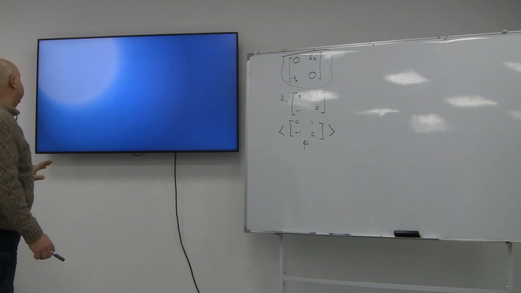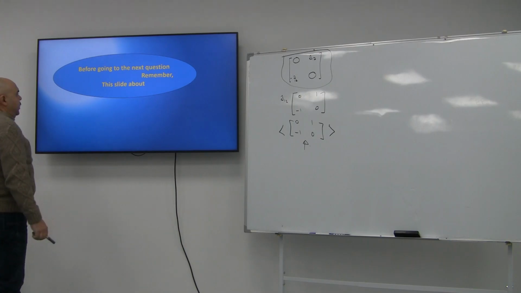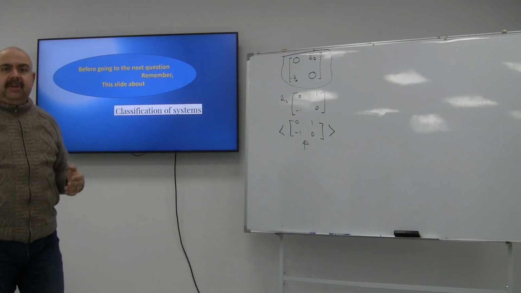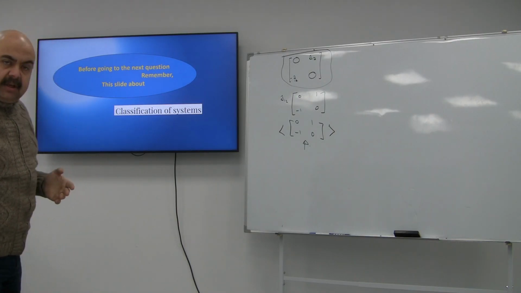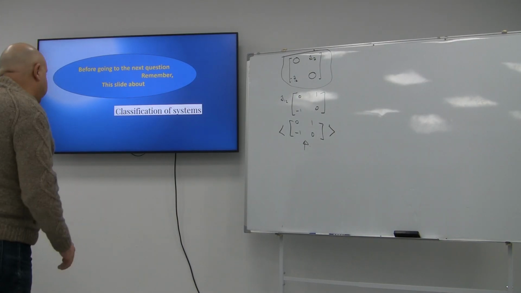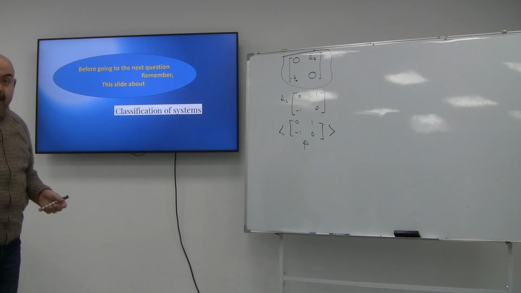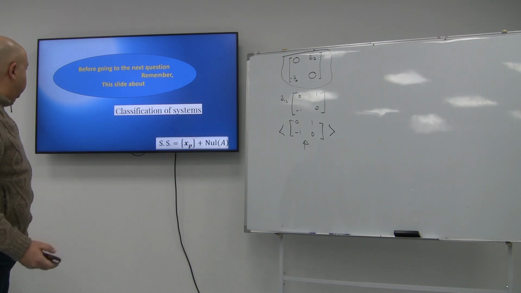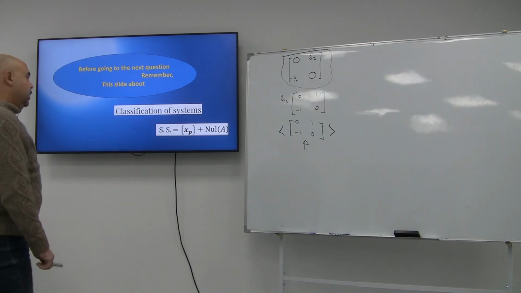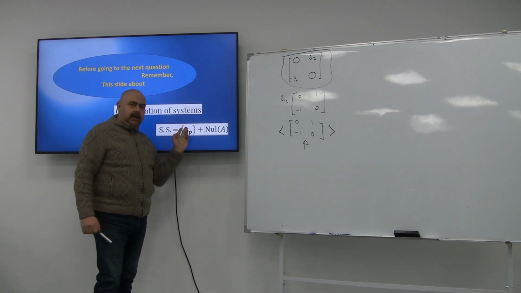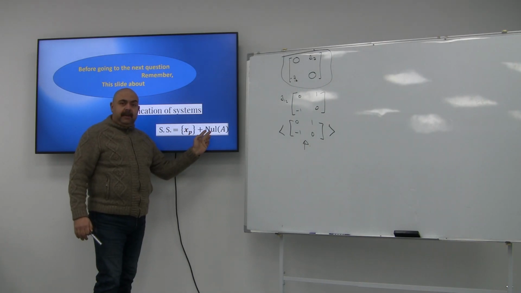More than perfect. Okay, before going to the next question, I want to review with you how the solution set of a general system of equations can be classified or obtained. If you remember this form, it states that the solution set of any system of equations is a particular solution plus the null space of this system.